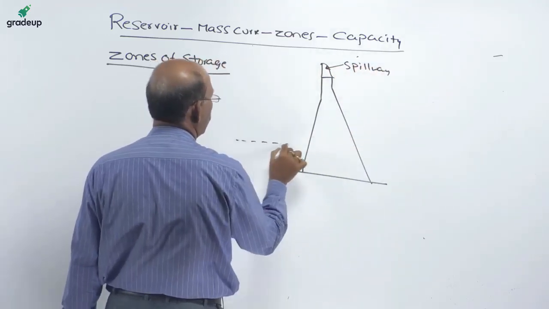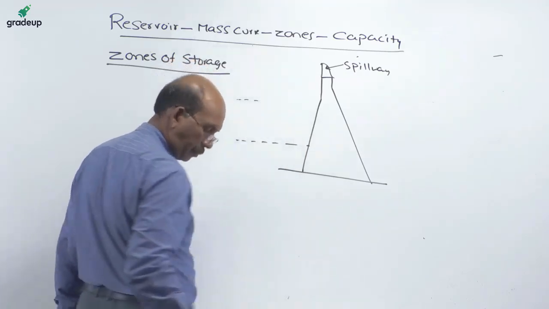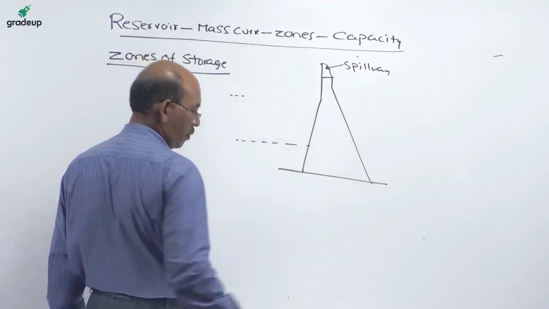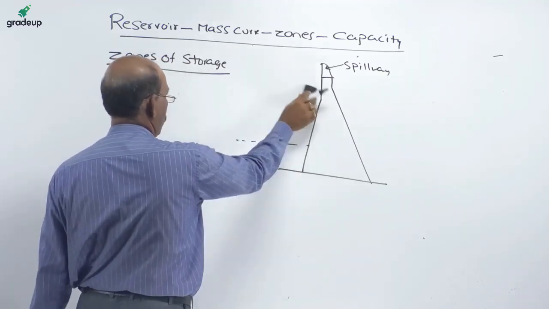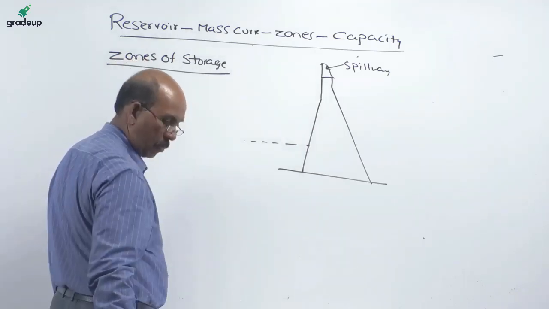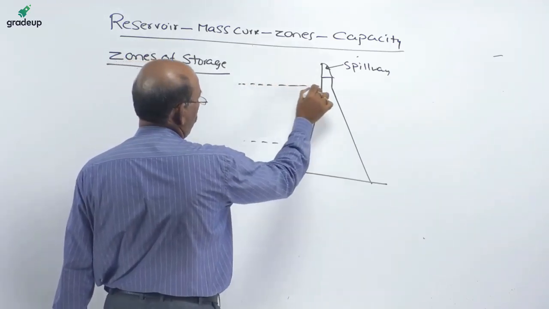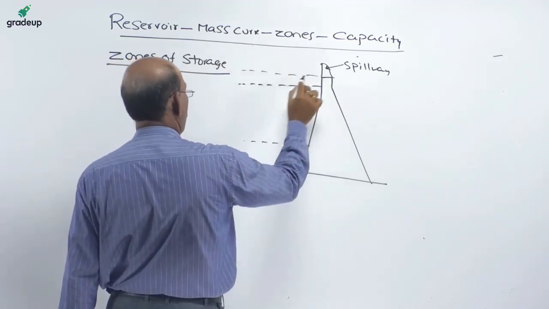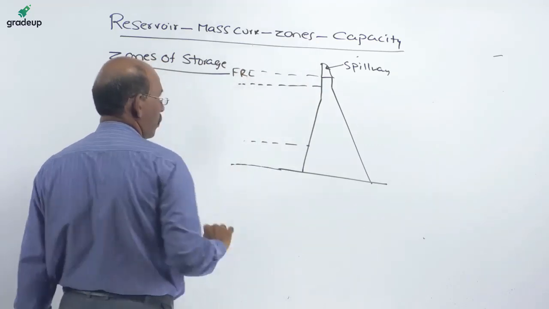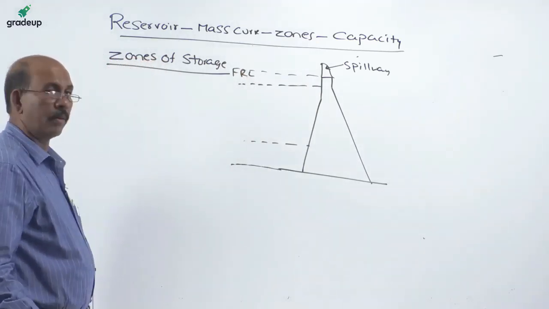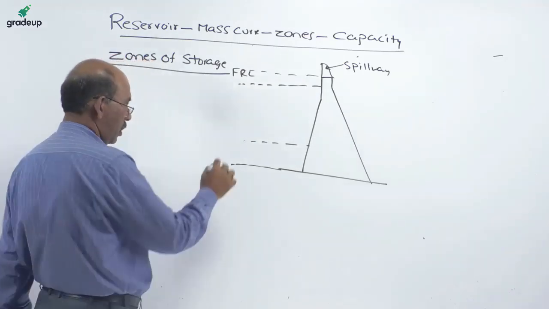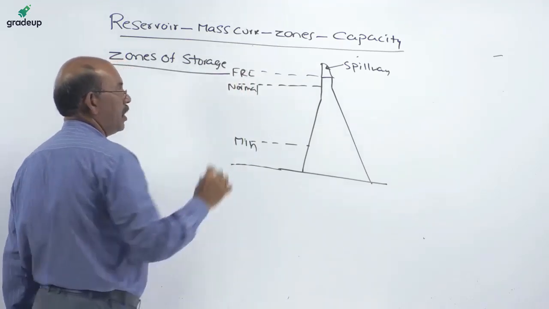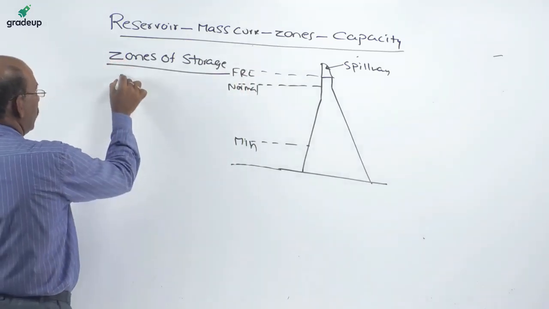So, we decide 3 levels. Here we have the minimum level, normal level and FRL. FRL means full reservoir level.